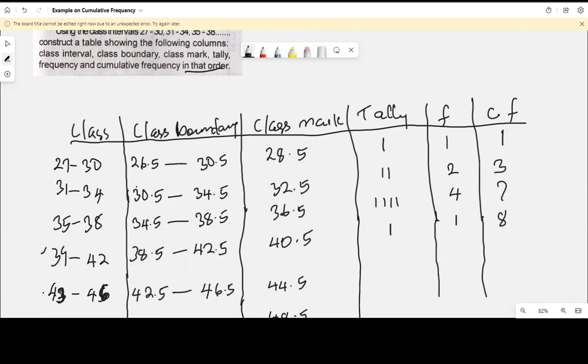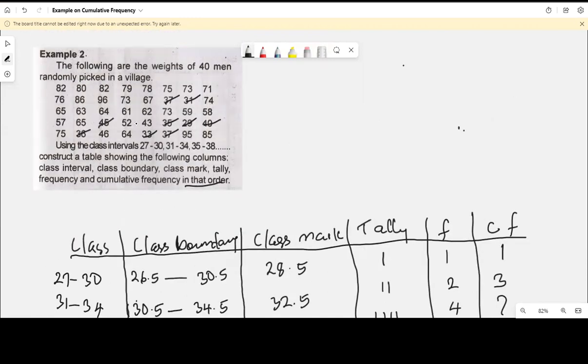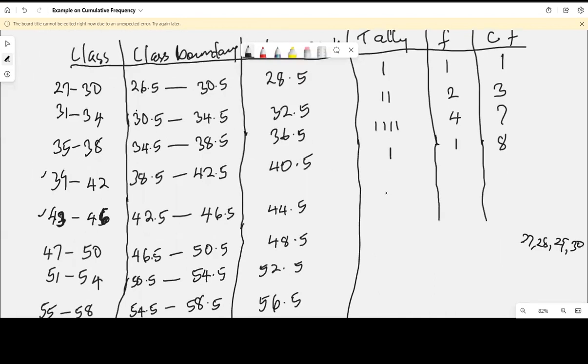The next one to do now is 43 to 46. 1, 2, 3, only 3. So put 3 strokes there. Frequency is 3. The cumulative, we add this 3 to 8, which is 11.